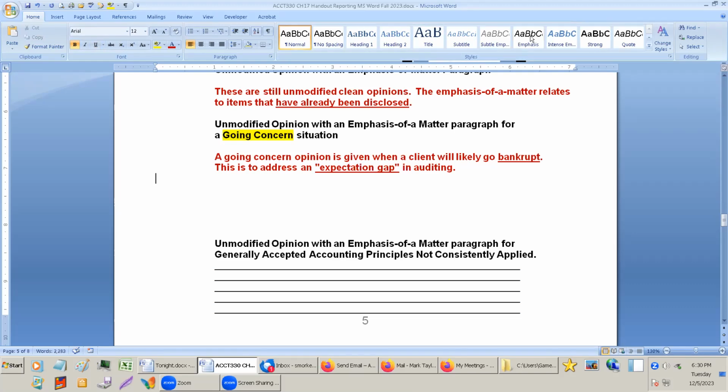Here's what happened in the past. A company's going bankrupt. They put out their financial statements, with all kinds of losses and all kinds of bad news. Notice that a company going bankrupt can still have financial statements that are appropriately prepared. They're going to look bad. They're going to look like a bunch of losses, running out of cash or whatever. But a company going bankrupt can still put out financial statements that are free of material misstatement.